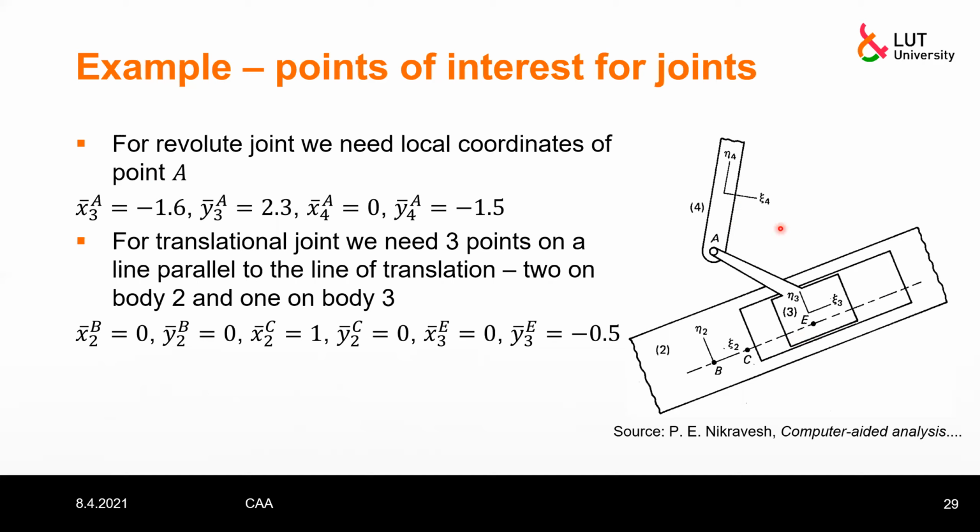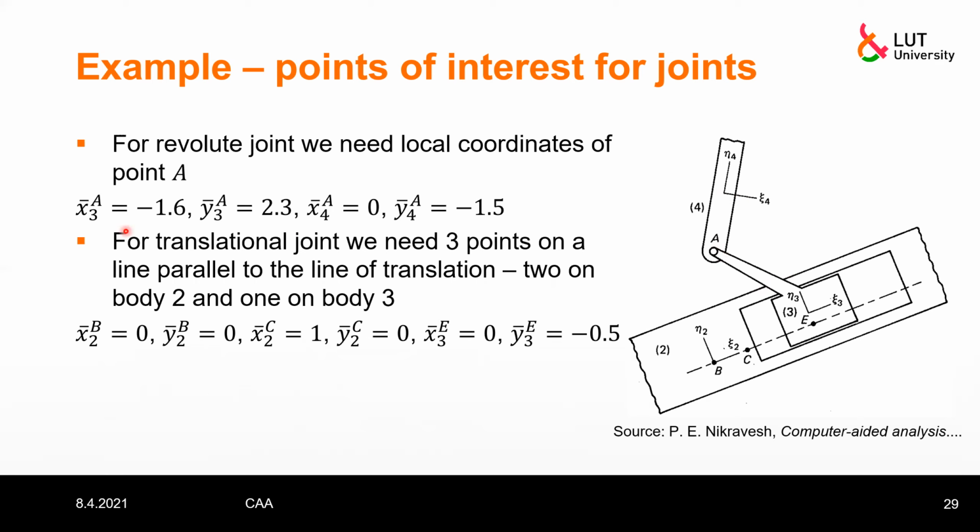So to find information about the revolute joint, we need just the position of point A. And it would be perfect to have this position with respect to body 3 and body 4, and that's why here we provide 4 values.